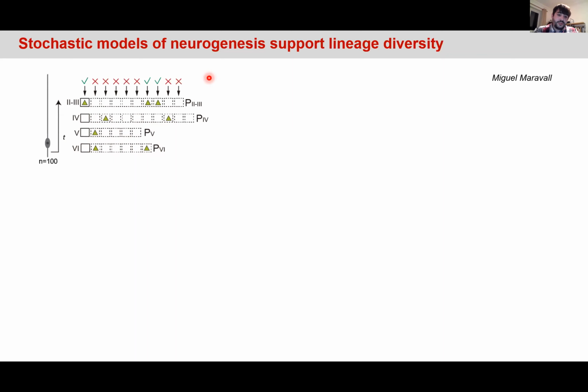And second, we input a probability value that will be used to stochastically decide, within each of these chances, whether an individual pyramidal cell is generated or not. And these probability values somehow reflect or represent this entire set of different signals that can modulate different aspects of the behavior of the radial glia cells.